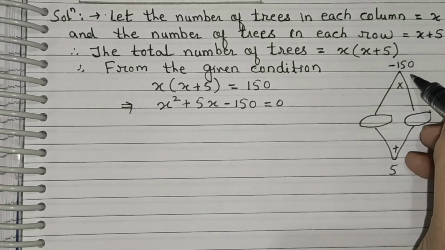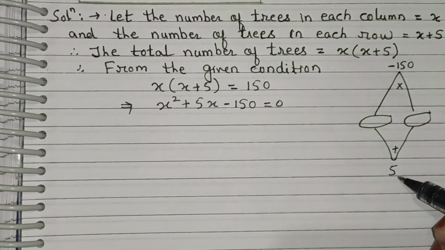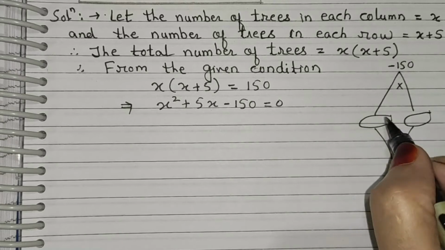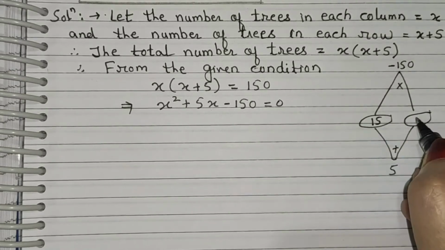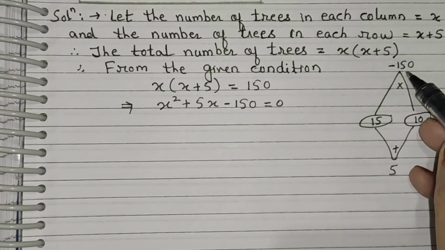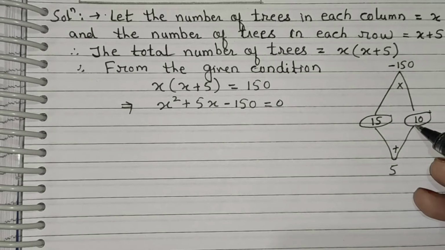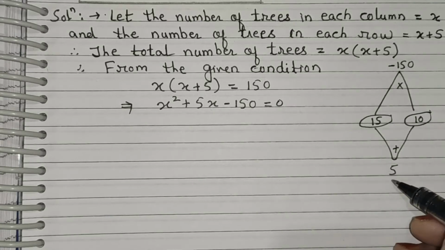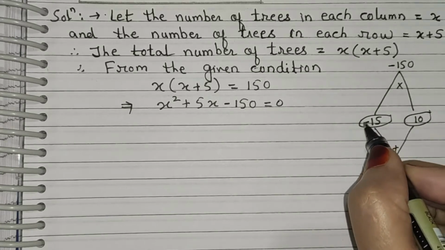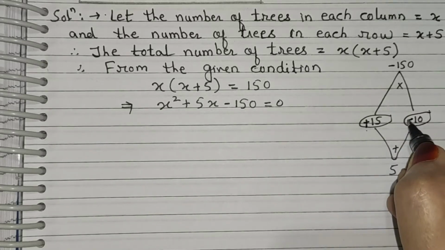Now factorize 150 into two numbers such that their sum is 5. Let us take two numbers 15 and 10. Now 10 into 15 we get 150, but the product here is negative, therefore one number should be negative. Now the sum is positive, therefore greater number must be positive and the smaller one is negative.